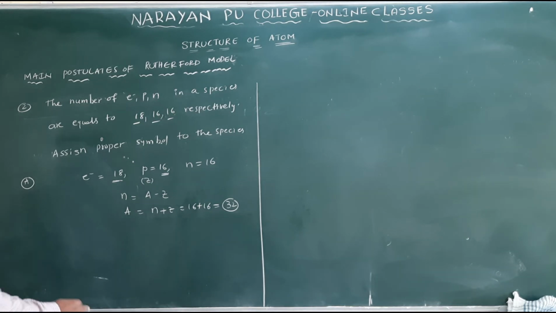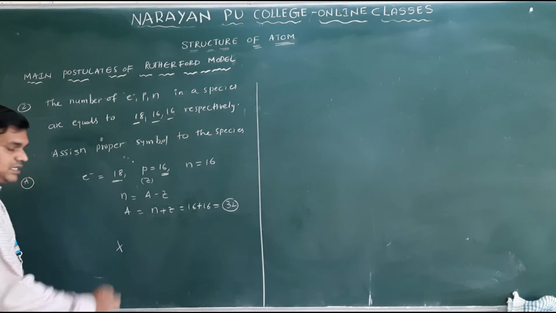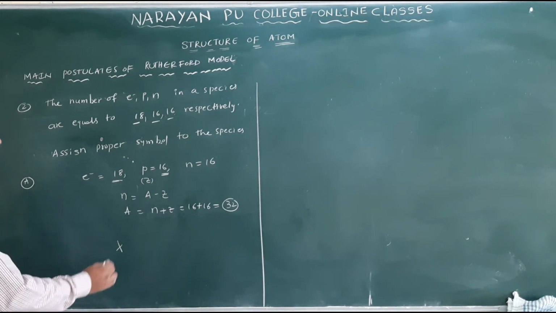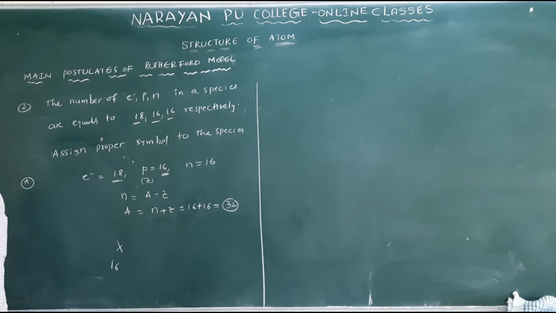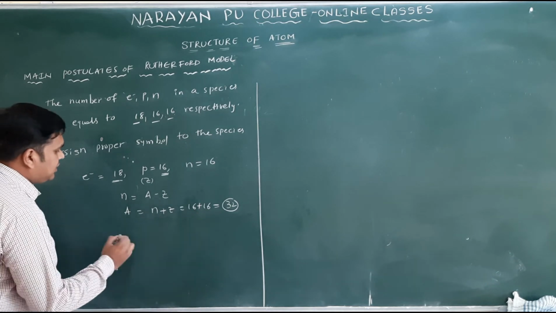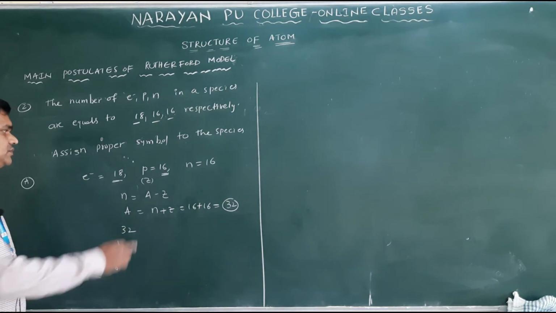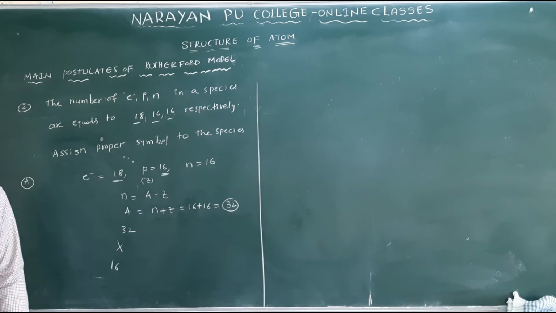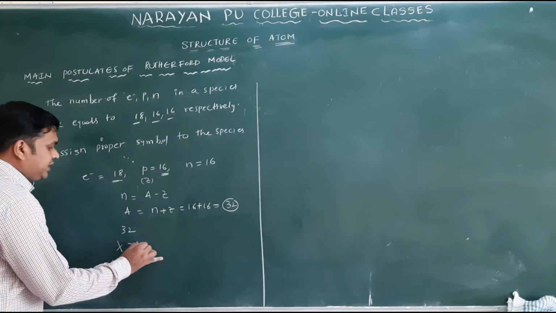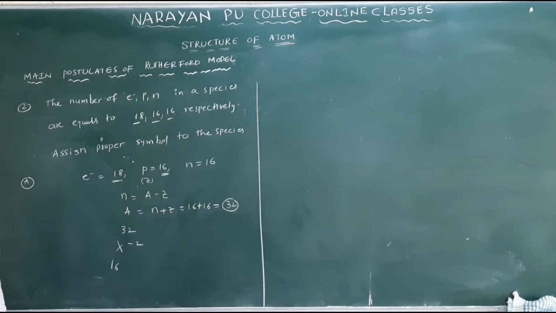So suppose I am writing the symbol X here. Protons are 16. Here the mass number you got is 32. Did it lose or gain electrons? It gained 2 electrons. Gain of electrons gives minus, so minus 2 electrons are gained, and it will get a negative charge.